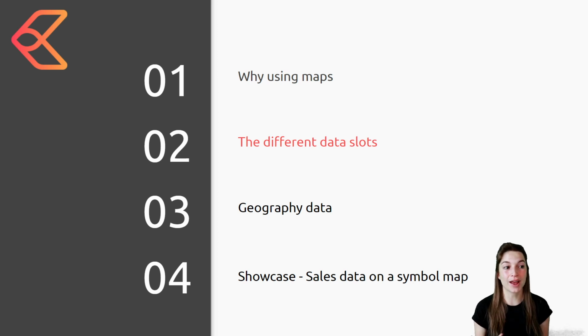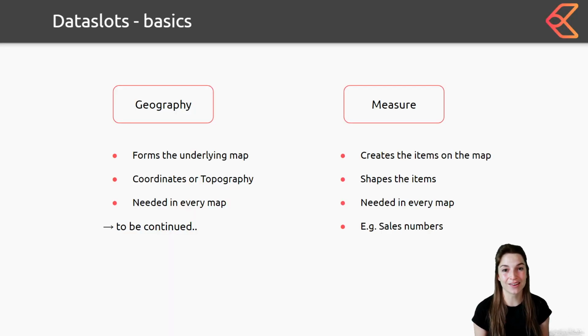Now, I told you why you would use a map and I showed you the different maps we have in Camelayo. Now, what do you need to create a map, right? Just like all the other charts in Camelayo, the maps also have different data slots. The first slot that you need is very important. We call that the geography data slot.